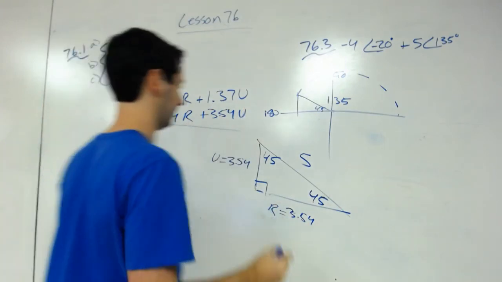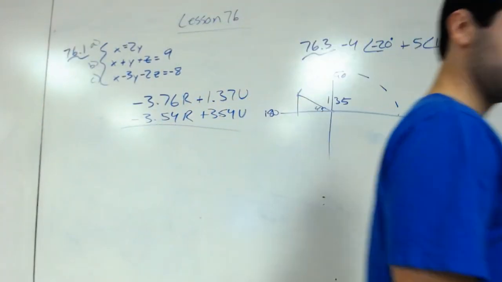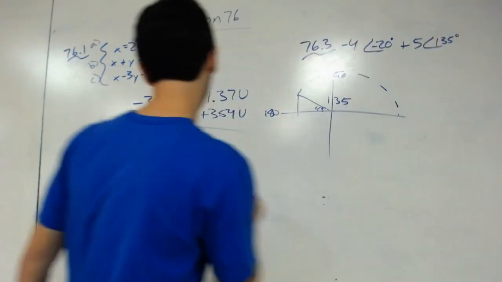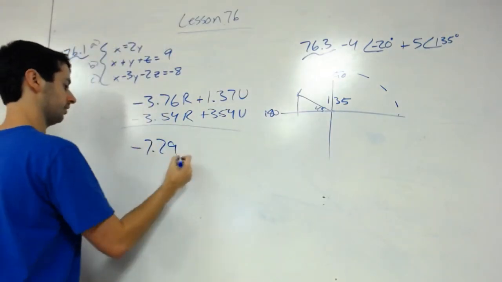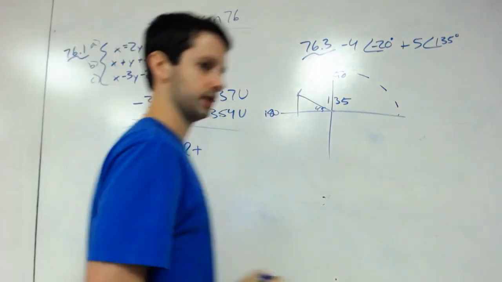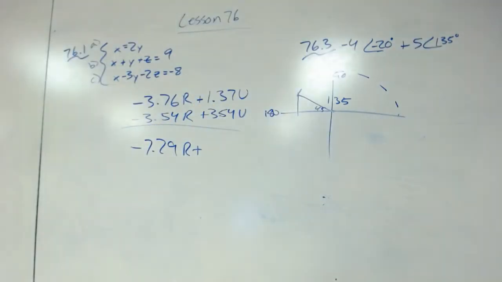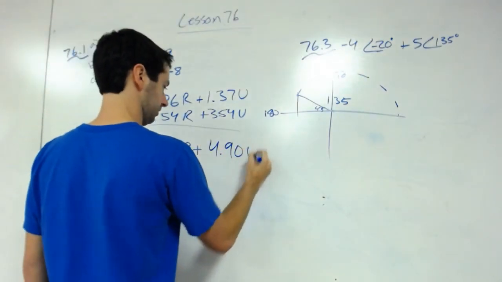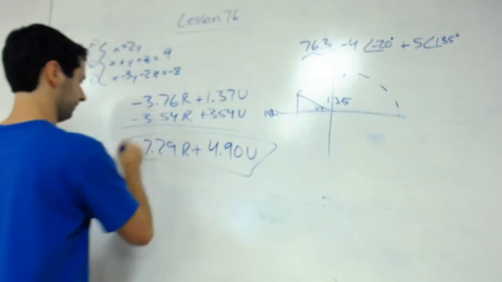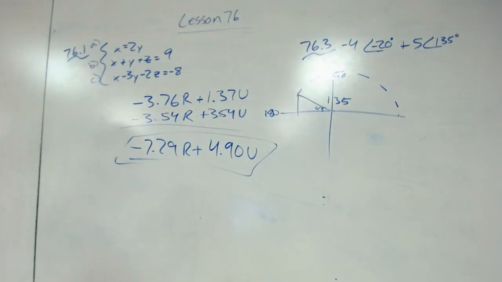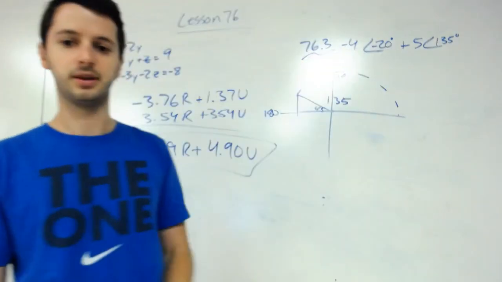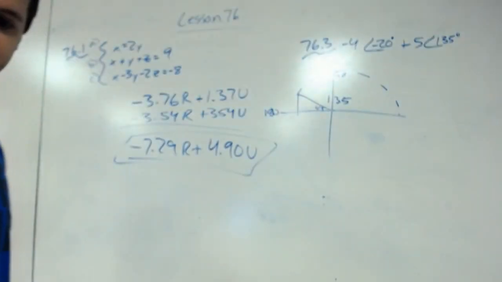Add those together, and you would get negative 7.29r plus 4.90u. They like to round to the nearest hundredth. And so there's your rectangular coordinates. That's how you do those, just adding those together. Really the only difference here was the negative 4, and you just flip it. So that's the end of lesson 76.